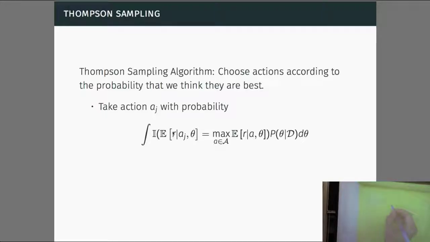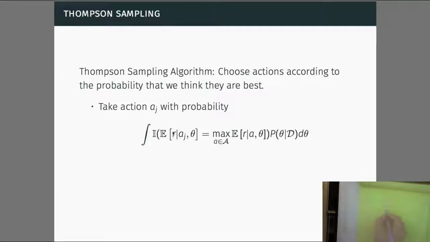Because it's a Bayesian setting, we're going to have a probability distribution over theta given our data. So what is our data in this case? What data do we have from the past? Samples so far. Yeah, so basically rewards.